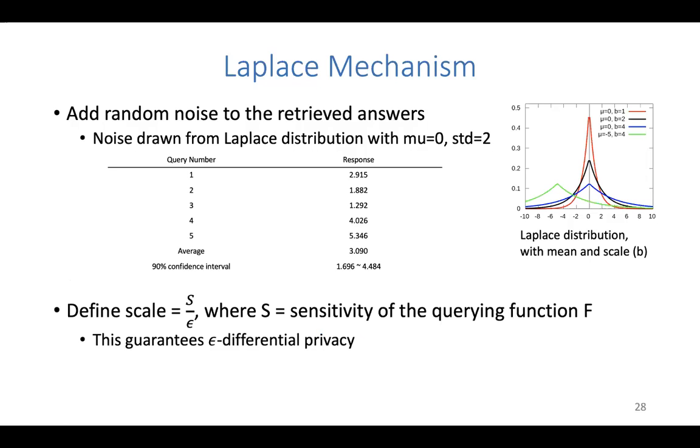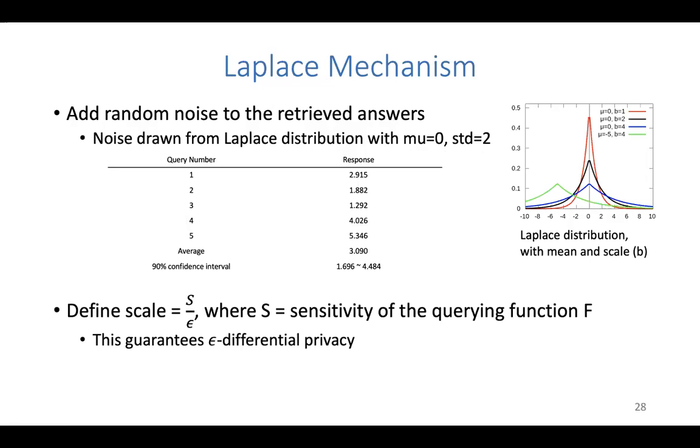What the Laplace mechanism says is that if you set the scale, the b here, to S over epsilon, where epsilon is your privacy budget or privacy loss, and S is the sensitivity of the querying function f, then the Laplace mechanism, which is to add random noise drawn from the Laplace distribution with this scale, guarantees epsilon differential privacy.